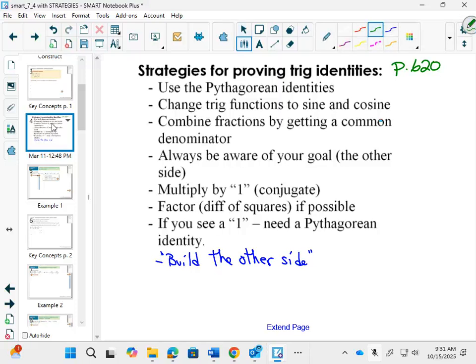And beside these strategies that I've listed, what I'm going to do is number them. So the number one should be, usually, your first strategy you go to. Combining trig functions to sine and cosine, and combining fractions, getting a single fraction by getting a common denominator. Okay?